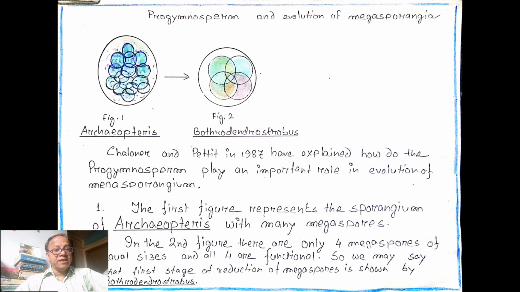So we may say that the first step of evolution is the reduction of the number of megaspores. In Archaeopteris there were many megaspores inside a Megasporangium, but due to evolution the number reduces in Bothrodendrostrobus and it is only 4 in number, and all these 4 are equal in size and all are functional.